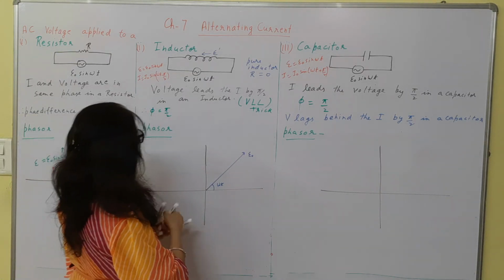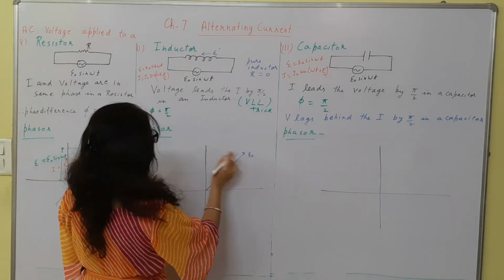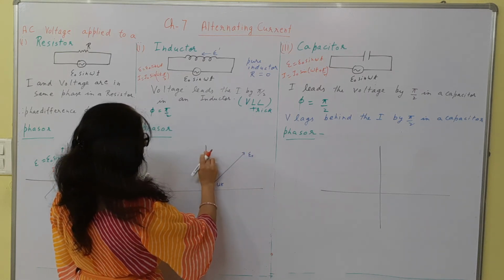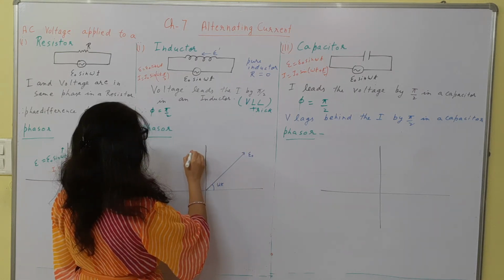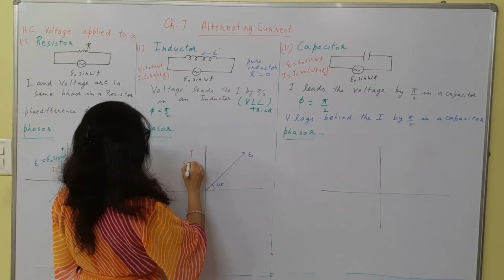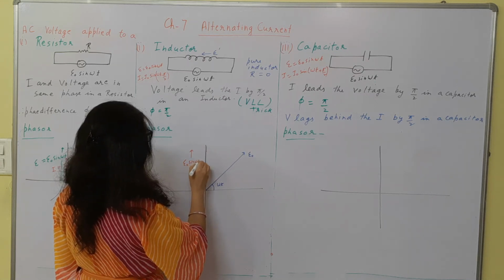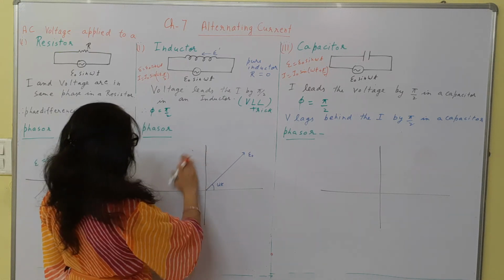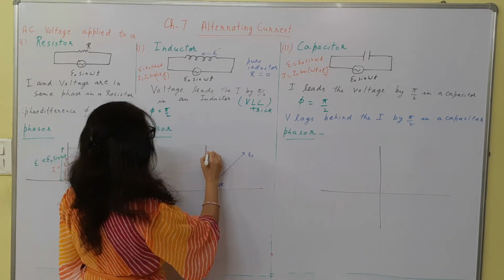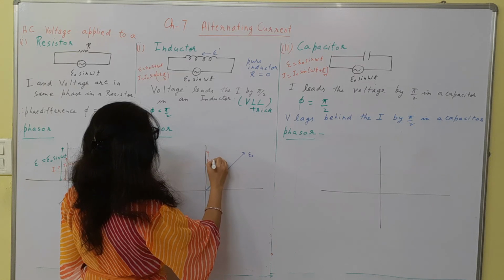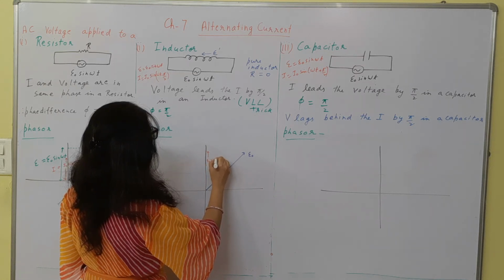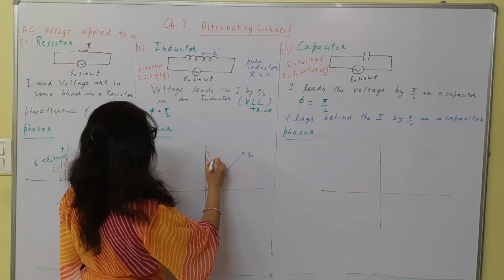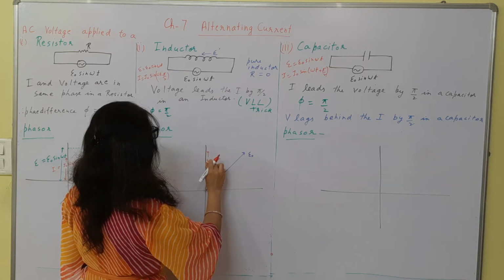So its projection will be given by this perpendicular and this perpendicular. So this will be E naught sine omega t, and this is giving the value of voltage at time t.